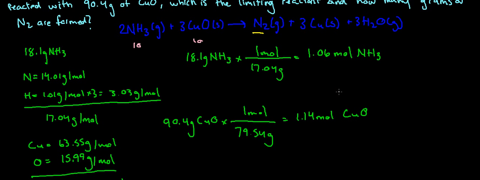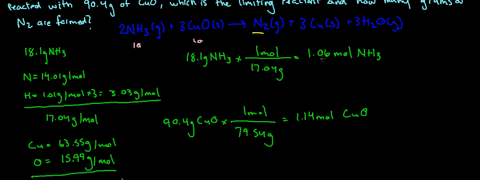And once I figure out that amount, say I pick copper oxide, and I figure out how much ammonia it would take to react all of this, if that amount is greater than the amount present here, then copper is the limiting reactant.